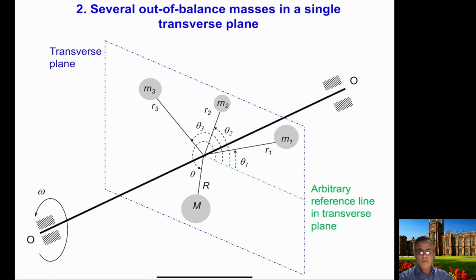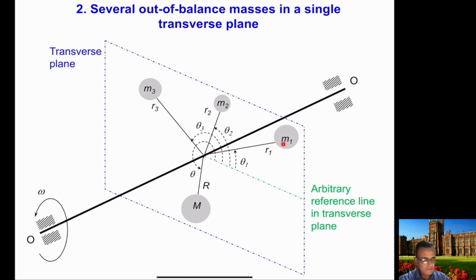Okay, so now we can go to our second case. The second case is that we have several out of balance masses in a single transverse plane. As you can see, you again have this shaft here, and along the shaft at some specific position we have three out of balance masses.